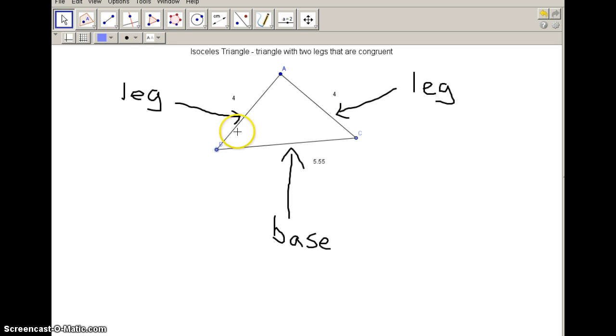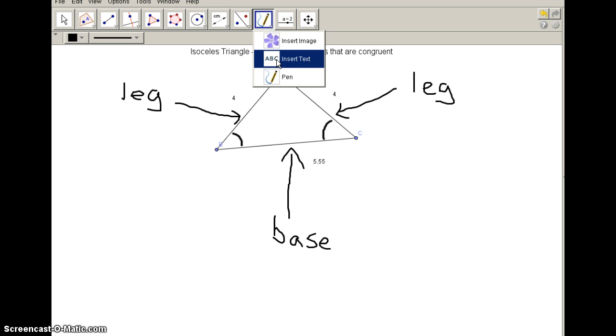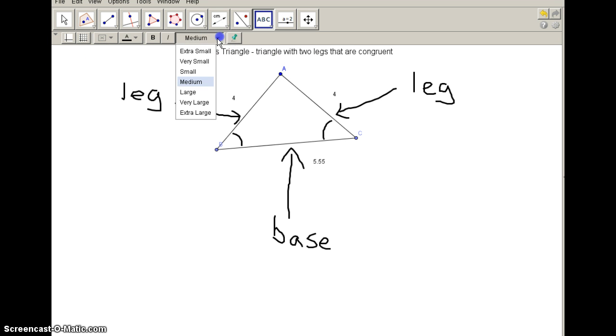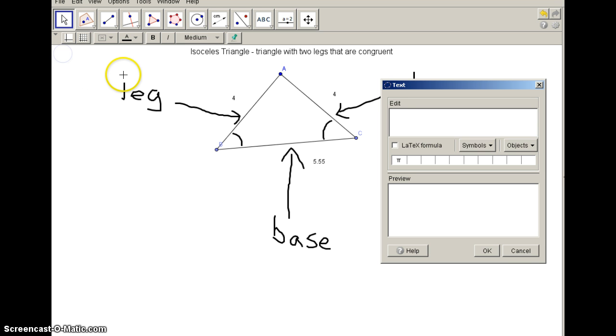Okay. So now we have these angles that we're going to look at, and these are the base angles. And what this proof is about is something called the base angles theorem. So let me put that up there real big. Okay. So we're going to try and prove the base angles theorem. Here we go. Base angles theorem.